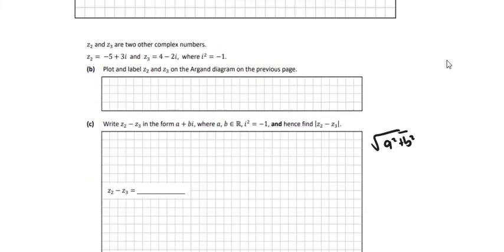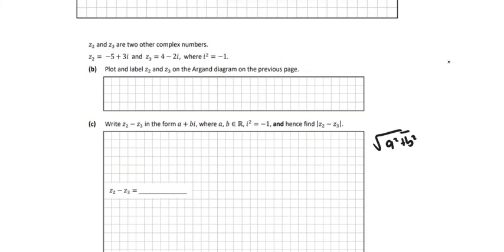So let's go ahead and do the subtraction first. I'm going to take Z2, which is -5 plus 3i, and we're going to add, oh, sorry, it's subtract actually. It's Z2 minus Z3, so we subtract, and I'm going to put Z3 into brackets. Z3 is 4 minus 2i. Because we're subtracting, you're subtracting 4 and you're subtracting -2i.